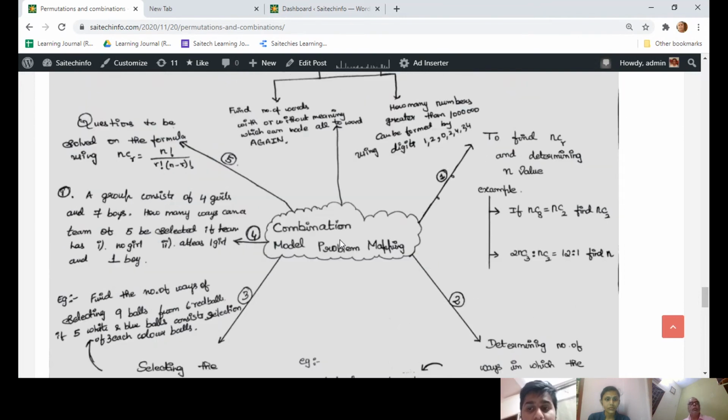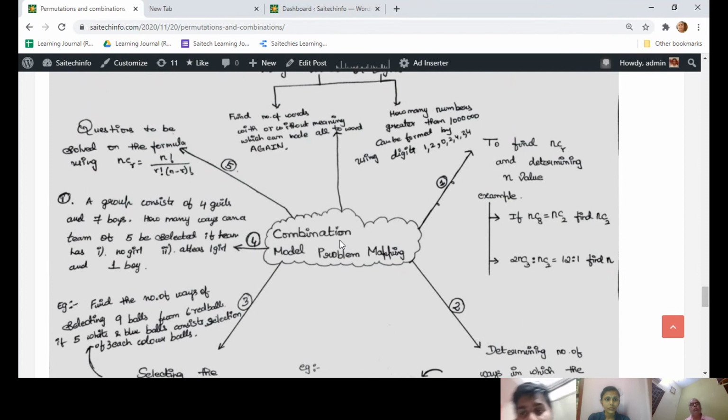Then we have another example: a group consists of 4 girls and 7 boys. How many ways can a team of 5 be selected if the team has, as the first option, no girls, and in the second option, at least 1 girl and 1 boy.